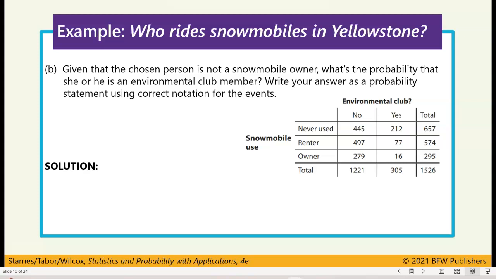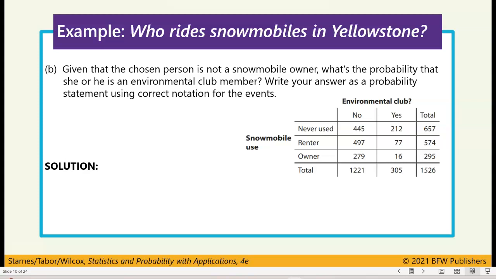Second question: given that the chosen person is not a snowmobile owner, so that's the given statement, what's the probability that he or she is an environmental club member? Okay, that's kind of a tougher one. Not a snowmobile owner actually has two categories that fit the bill. You could have never used a snowmobile, or maybe you're just a renter.